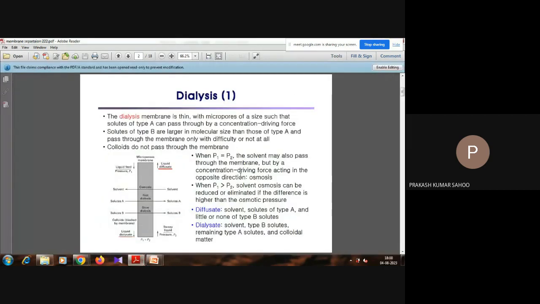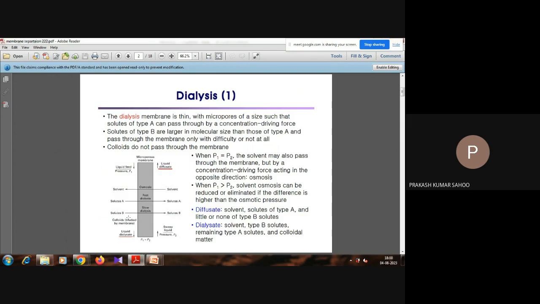The dialysis membrane is another membrane. This dialysis membrane is thin with a micropore size such that solute of type A can pass through by a concentration driving force.